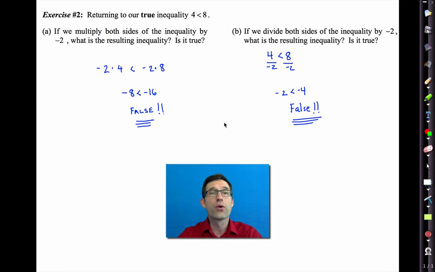When we multiplied or divided both sides by a positive number, we were fine. But when we multiplied or divided both sides by a negative, it changed our inequality from being true to being false. So this really leads us into two properties of inequality that we need to look at right now.